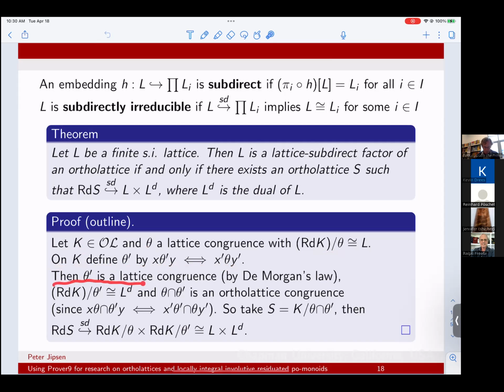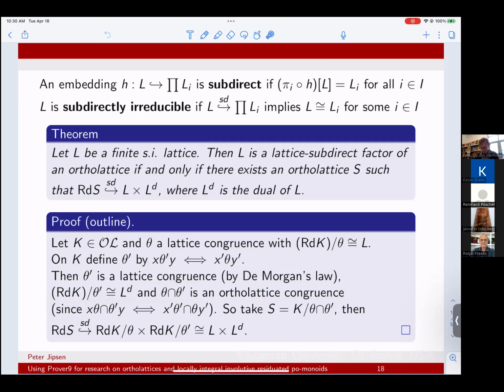And then theta prime is another lattice congruence. That's easy to check. And you can say that this factor algebra will be the dual lattice L, and the intersection of theta and theta prime will be an ortholattice congruence. And this is basically just the observation there.